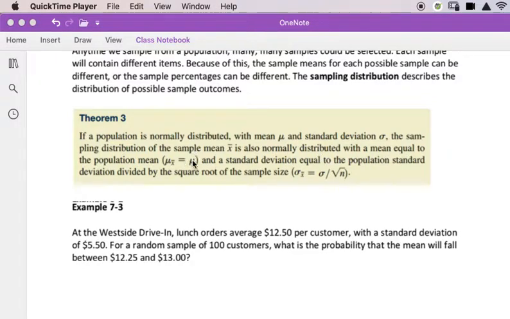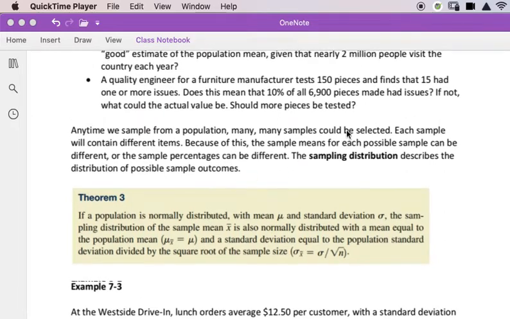Now, this is a little bit confusing, but basically what it means is that if I were to take all possible samples, for example, all possible combinations of 150 pieces out of the 6,900 pieces, that would be a lot, but if I were able to take all of those combinations and find the percent that had issues for each possible combination, then if I were to take the average of all of those, it would be equal to the population average, or the average if I were to just look at the entire set of 6,900 pieces.